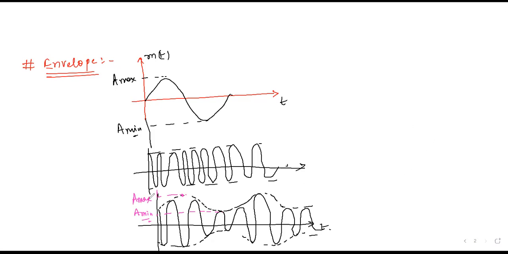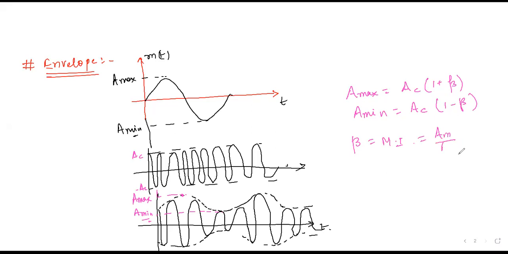So the maximum peak of the amplitude, A maximum, is AC into 1 plus beta, and A minimum equal to AC into 1 minus beta, where beta is the modulation index, that is AM by AC. This is your beta.